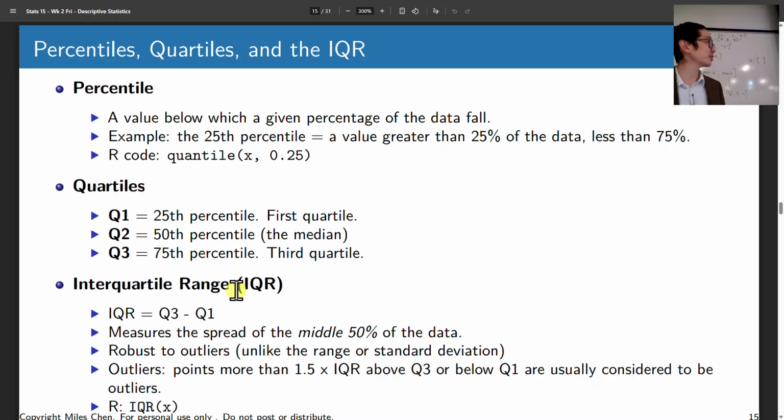And Q3, the 75th percentile, is the third quartile. For the first quartile, the first quarter is below it, and for the third quartile, 75% is below the 75th percentile.